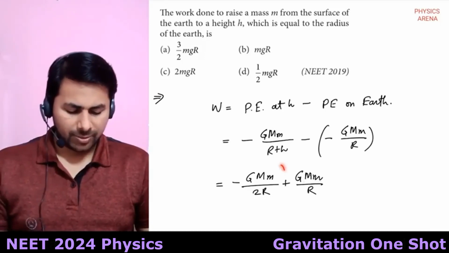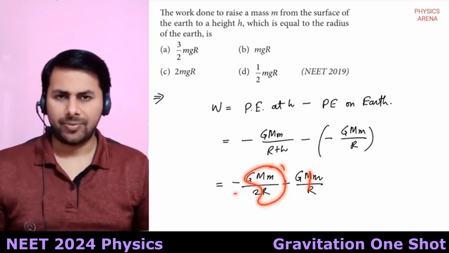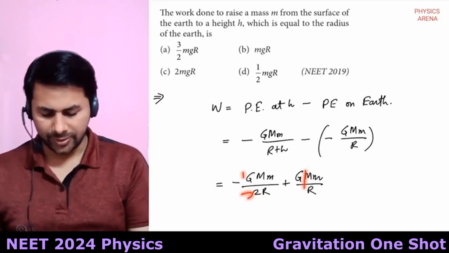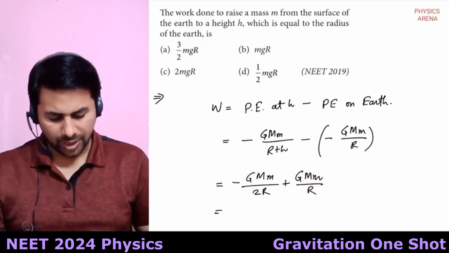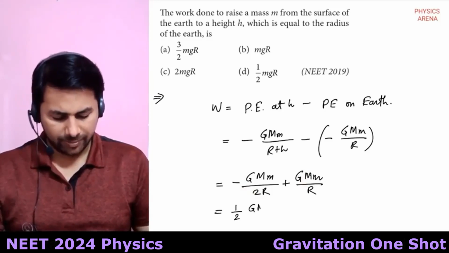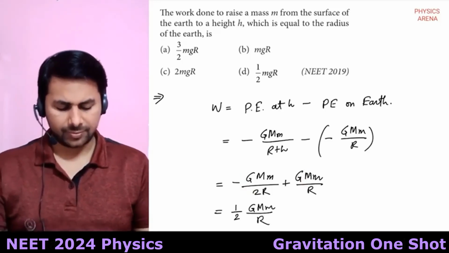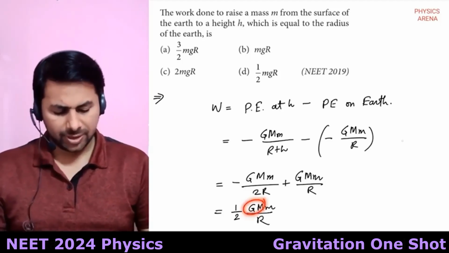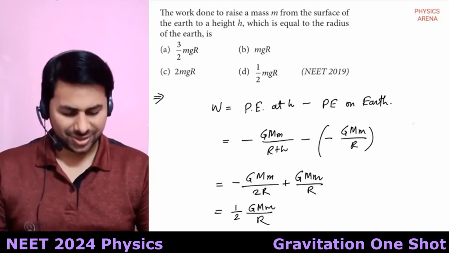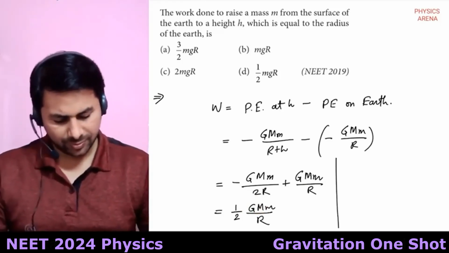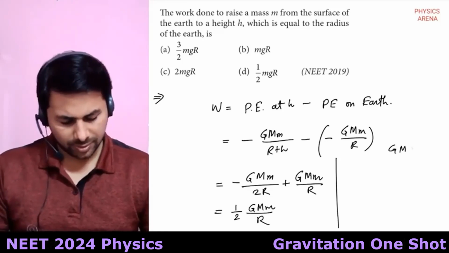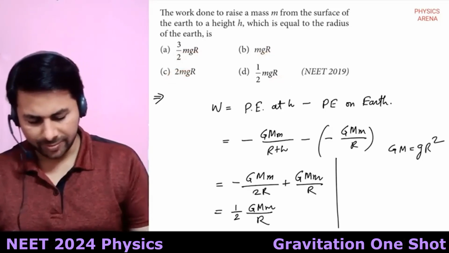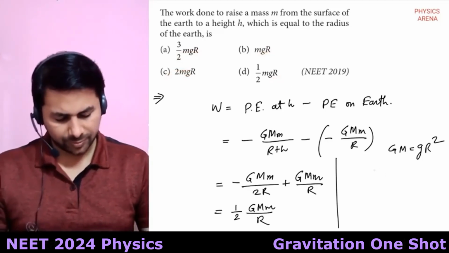So you can take GMm upon R common. It is 1 minus half, that's half. So it is half of GMm upon R. And you can put GM is equal to gR square, because in the options it is given in terms of mgR.